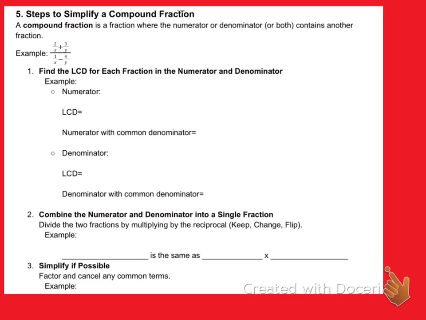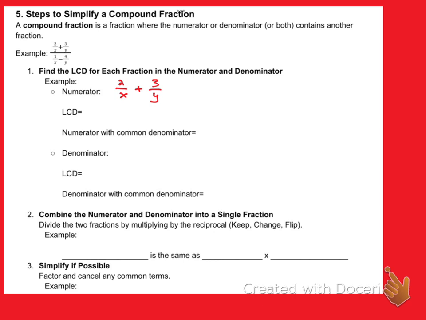All right, next. Steps to simplify a compound fraction. So here with a compound fraction, we are going to do what we just did in the numerator and then the denominator, and then we'll keep, change, flip. We'll multiply by the reciprocal, okay? So first we need to take the numerator, 2 over x plus 3 over y, and we need to get a common denominator and add them together.